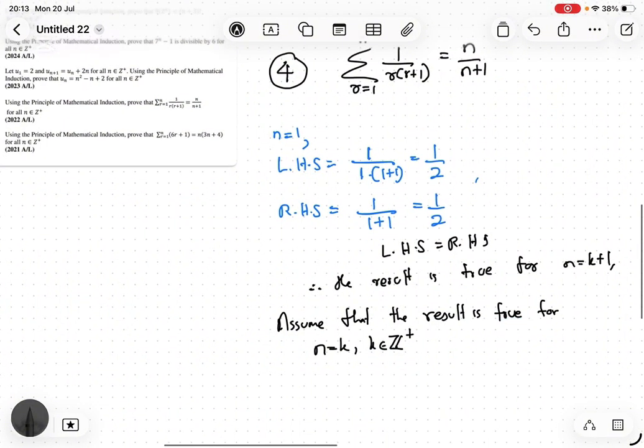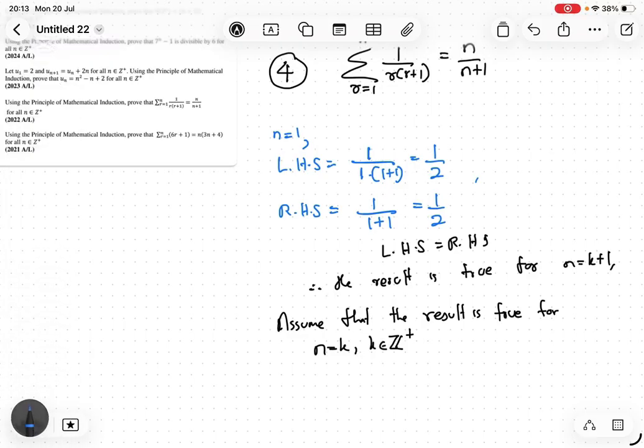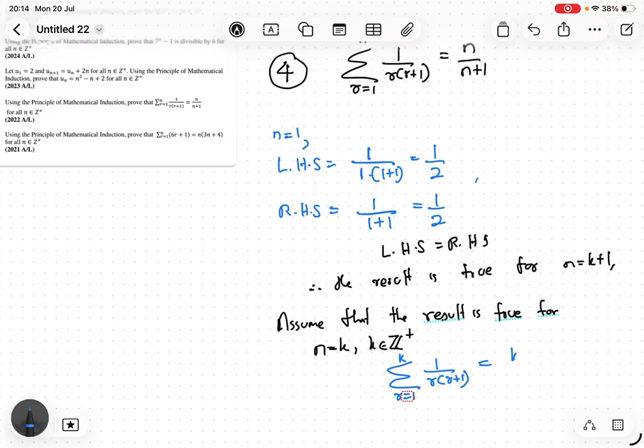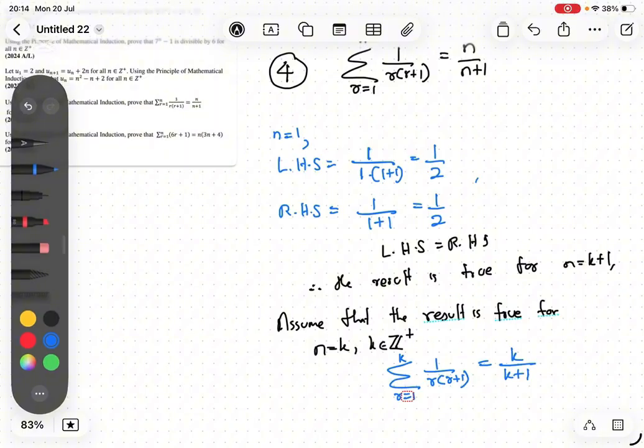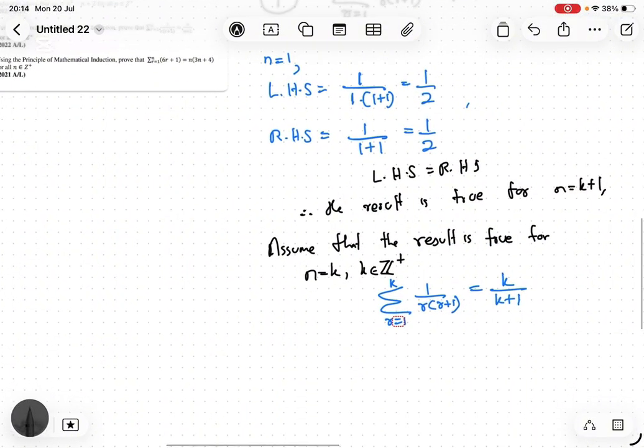We assume that sigma r equals 1 to k, right? 1 over r into r plus 1, right, is equal to k over k plus 1. Make it the assumption. Now we have to check for n equals k plus 1.